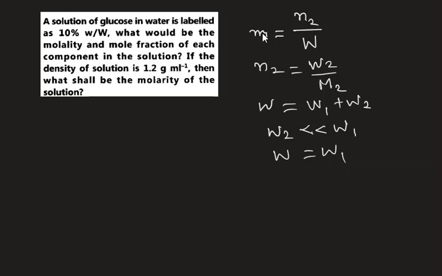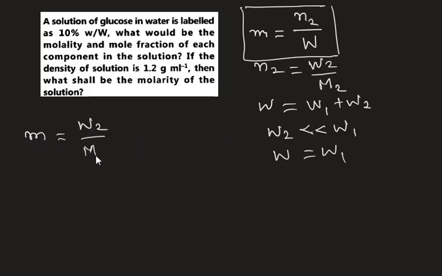Now we can rearrange this main equation as m is equal to W2 by M2 into 1 divided by W1. So W1 is the weight of the solvent.